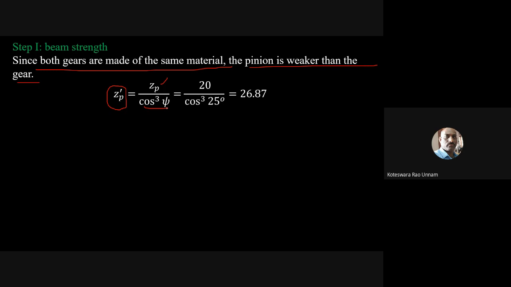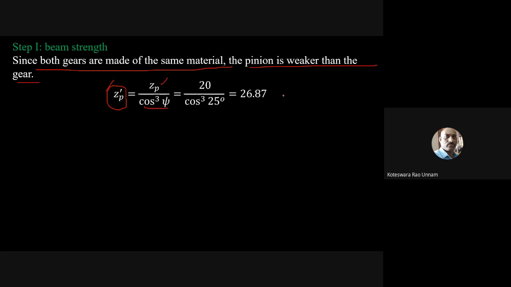The formula for total dynamic load, that is P effective, he has given. Similarly, the wear strength formula is also given: wear strength FW is equal to D1 into B into Q into KW by cos square beta. Whatever formulas we just discussed are given in the data book, so you can use that.